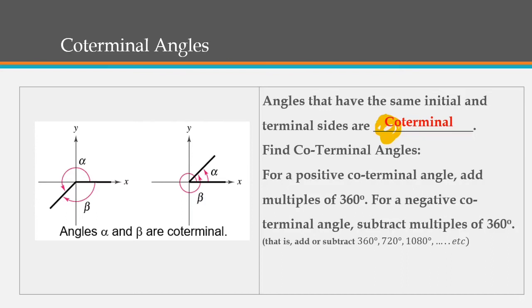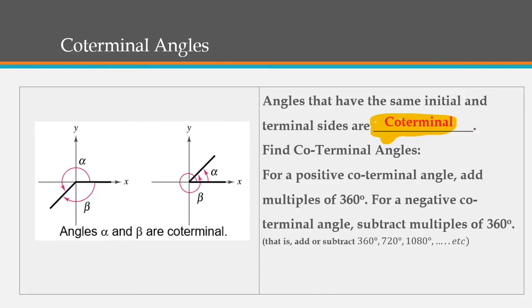Co basically means the same, and terminal, used in the English language, means end. When you say something is terminal, it means it has some end. So coterminal together means same end. So if two angles have the same end, if the terminal side has the same end, then you'd say that those two angles are coterminal.